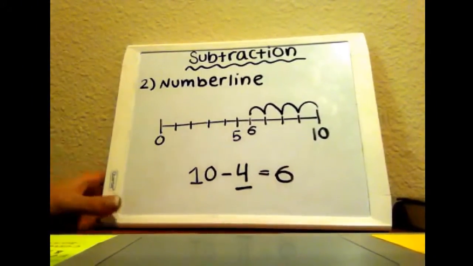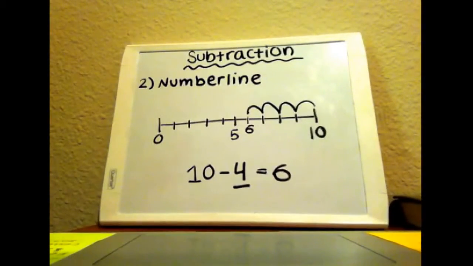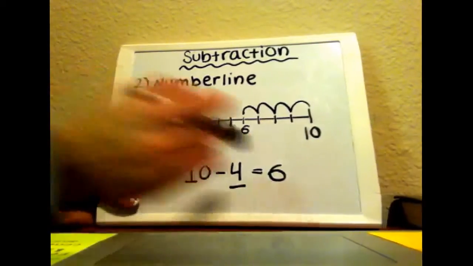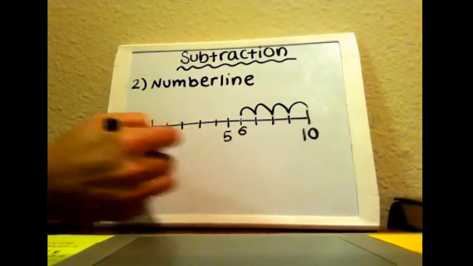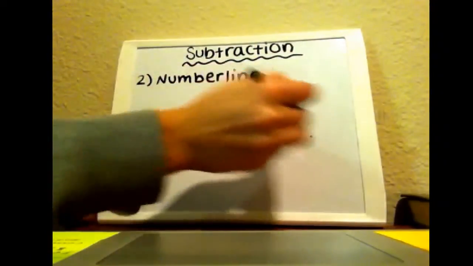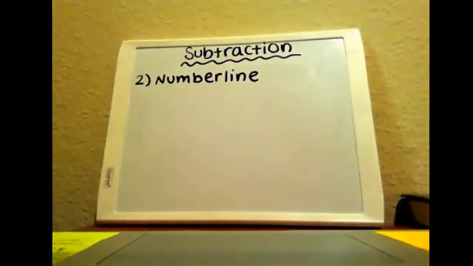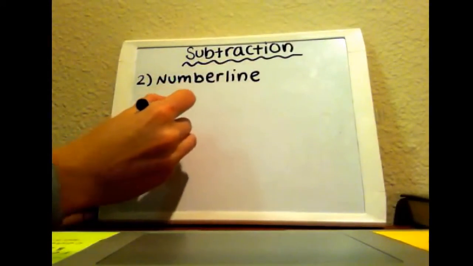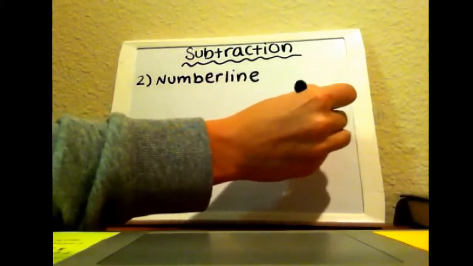So you can also use the number line with more complex problems. So we're going to look at a more complex problem using the number line. So again, we draw a basic number line.